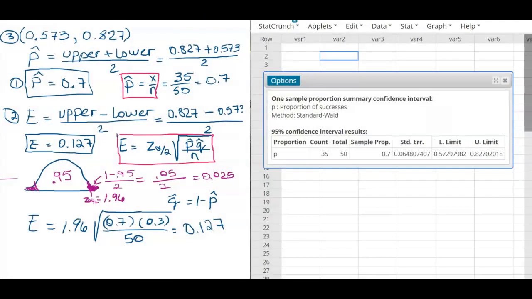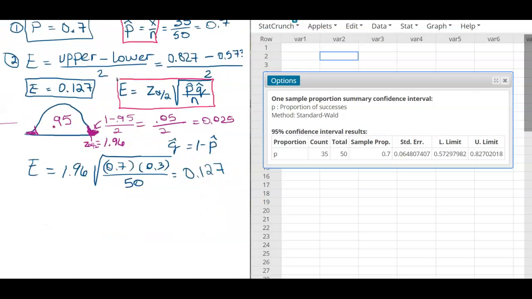Knowing the two values, sample proportion and the margin of error, we could build the confidence interval manually, but it's much faster to do it on StatCrunch. If you want to build the confidence interval manually, then keep in mind that the confidence interval for the population proportion in this case would be within the limits of sample proportion minus the margin of error to sample proportion plus the margin of error.